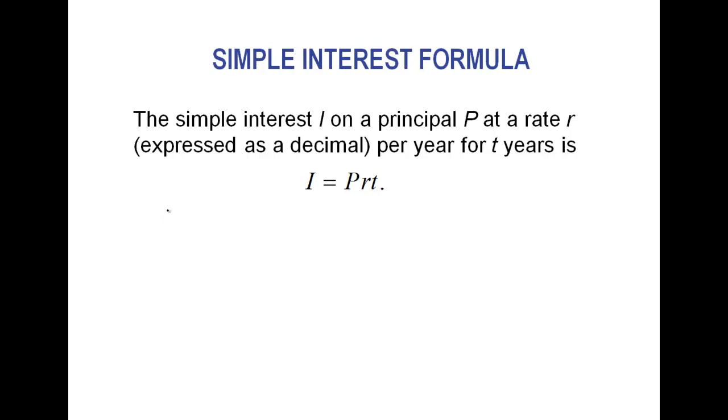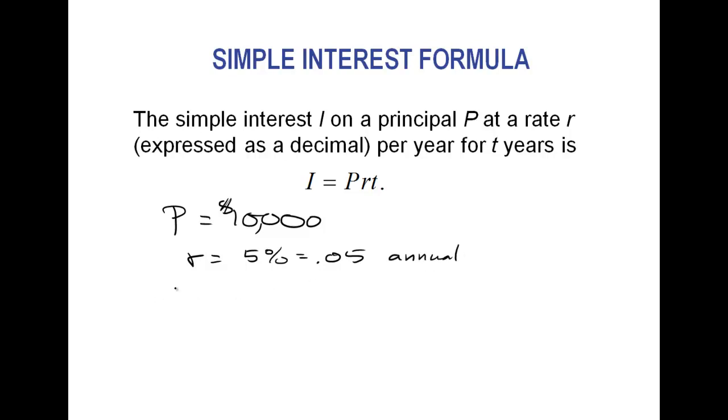Let's say you borrow, how about $10,000? Your interest rate is 5%, which we would always write as a decimal. And this is 5% annual. This is an annual rate.